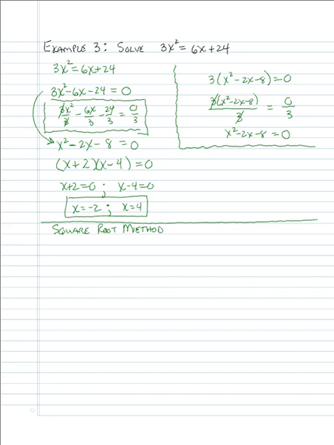Example 4. Solve x squared minus 36 is equal to 0. Well, let's come down here.